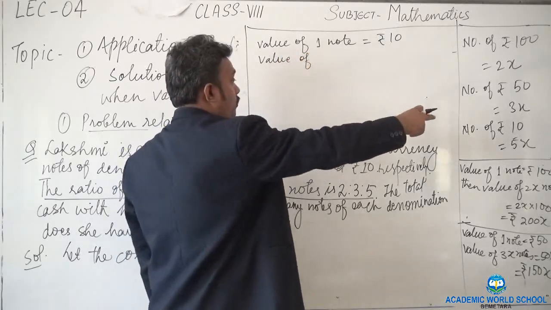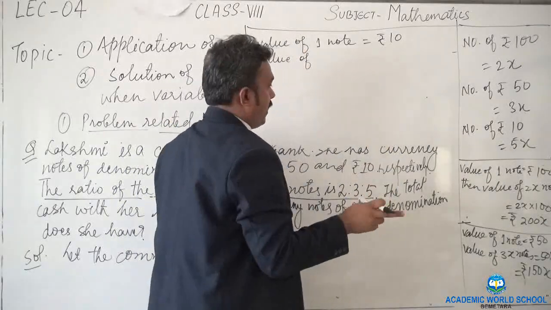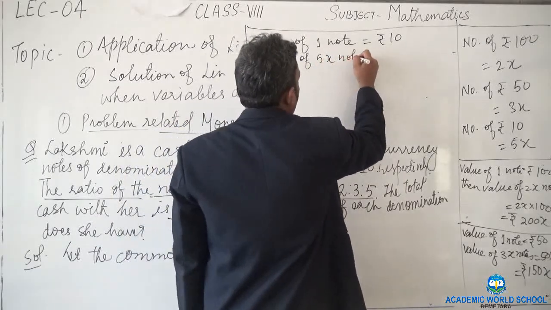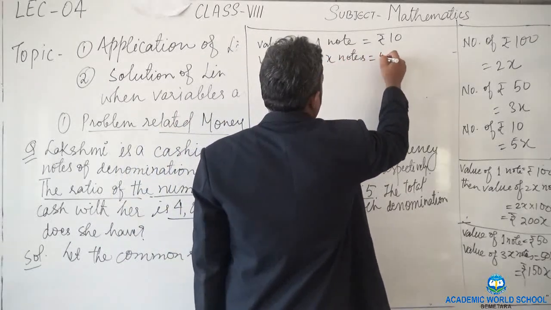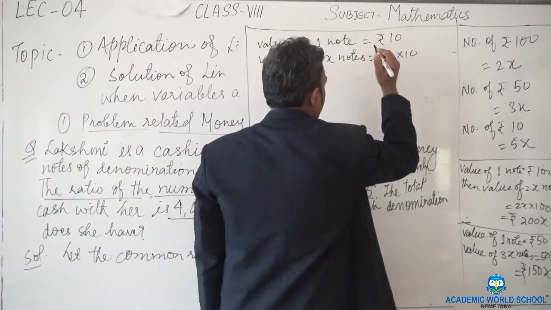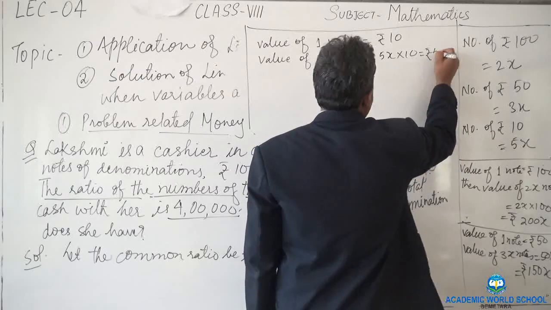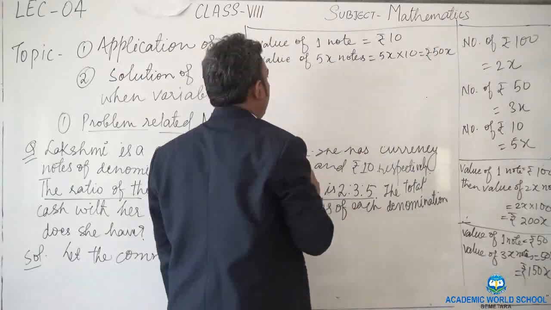Now how many notes of 10 rupees are there? They are 5x. So the value of 5x notes will be 5x into 10 rupees, which will be rupees 50x. Right.